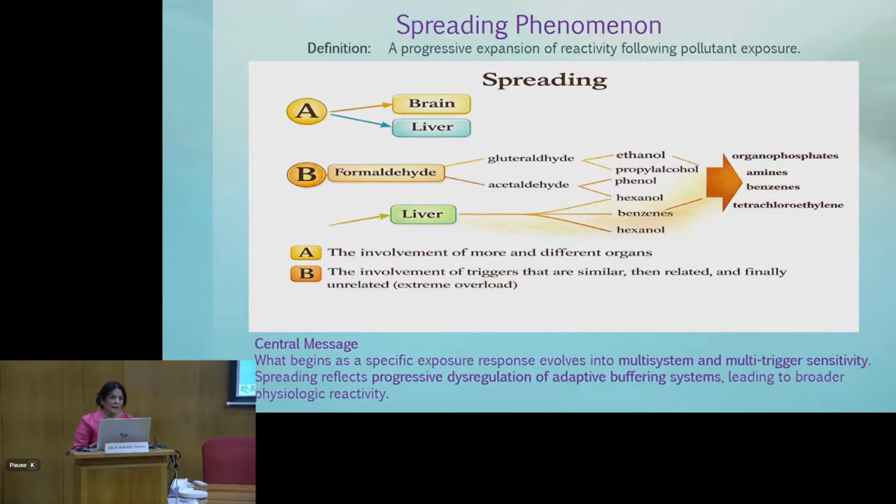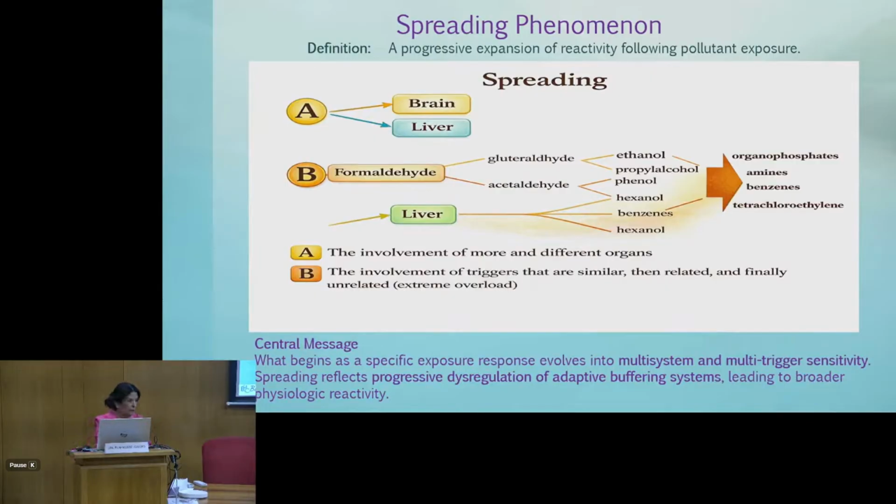So the body has a way to adapt, but during that phase of adaptation, it may spread to different organs. It may start in the brain, then it may go to the liver, it may go to the kidney, or one may be sensitive to one chemical initially, like formaldehyde. Then as it continues, one may become sensitive to similar substances like glutaraldehyde, acetaldehyde.